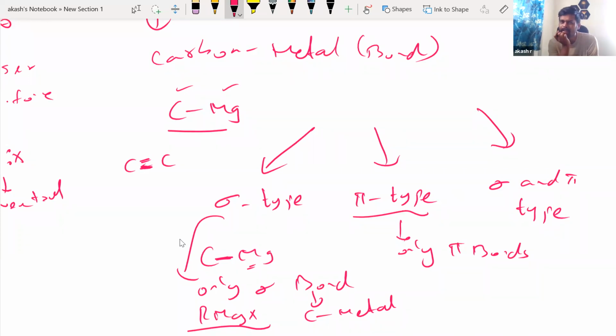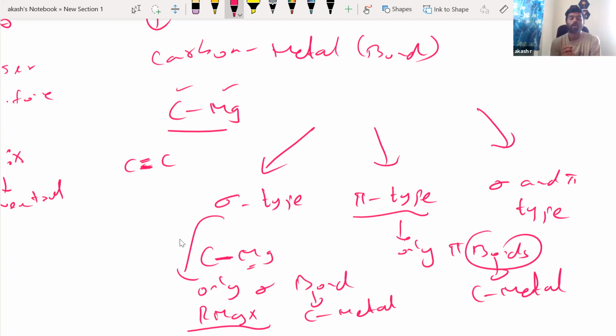But this kind of compounds are saying that only pi bonds are there. Weird, right? Because generally we form pi bonds only after the formation of a sigma bond. But these organometallic compounds are having only pi bonds between the carbon and the metal. Again, what bonds are we talking about? We are talking about the carbon metal bond.